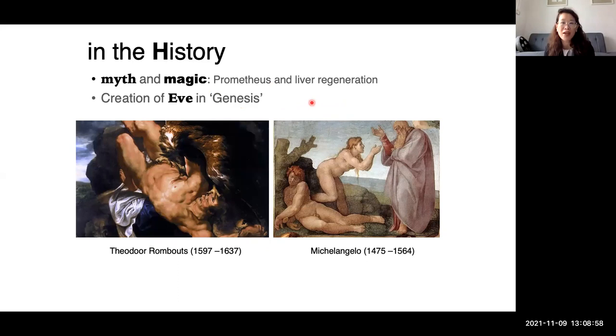Okay, so let's go back in time. Back then, people were amazing because they thought about regrowing new organs when an organ gets destroyed. On the left side of the picture is a painting, and you see a man lying down with a bird, which is actually an eagle, trying to take his liver. Actually, he's not just a man; he's a Titan, punished by Zeus because he stole the flame for humans. Zeus sent him to a mountain and punished him by letting the eagle take his liver every day.